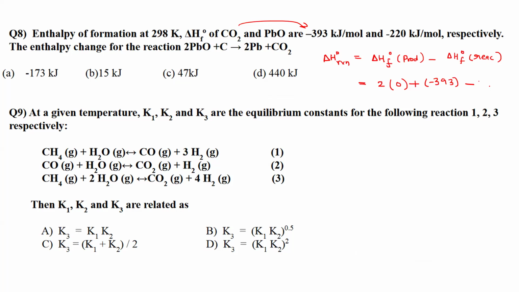So 2 into the PbO, which has a minus 220, so minus 220. And minus the C also is in standard state. So after summation, we are getting 440 minus 393 equals 47 kilojoule per mole.